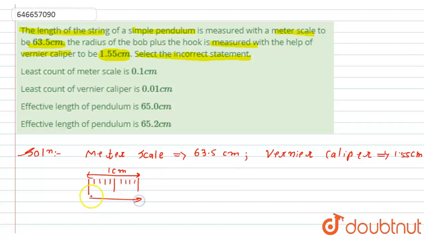So from here, can I say that the least count for the meter scale will be equal to 1 centimeter divided by 10, that will be equal to 0.1 centimeter. So according to this, option first will become correct, that is, the least count of meter scale is 0.1 centimeter.